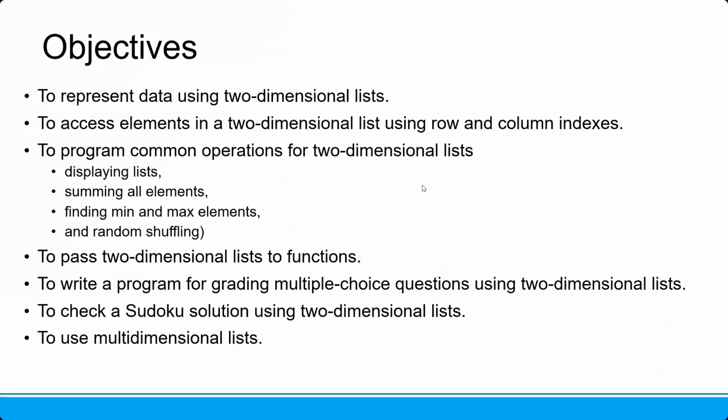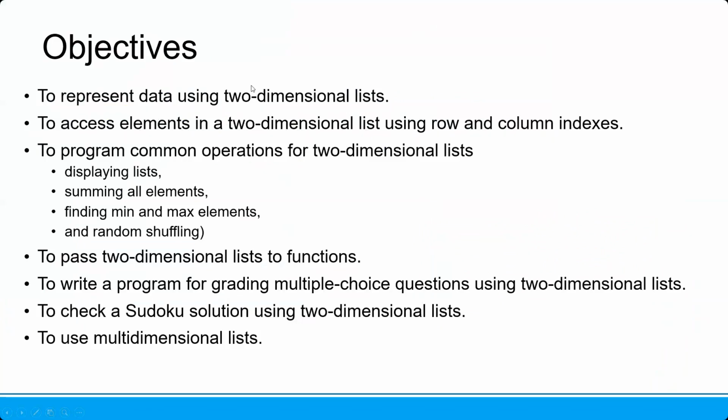So we are going to learn two-dimensional list. At the beginning, we will learn how to represent the data using a two-dimensional list. And then we will learn how to access the element in a two-dimensional list using row and column index.